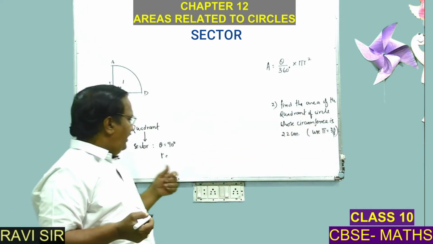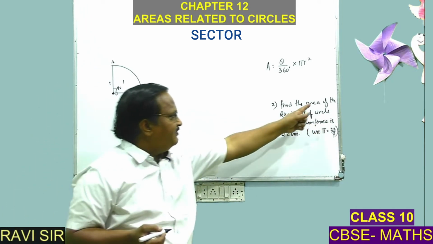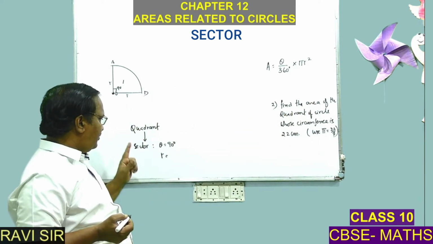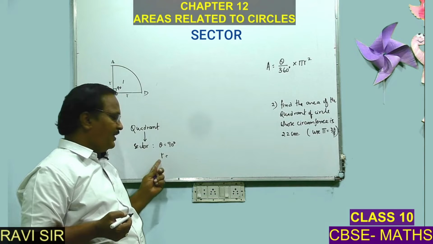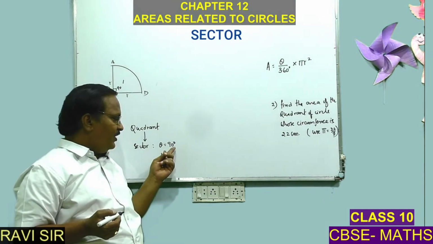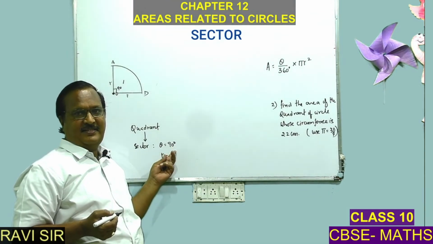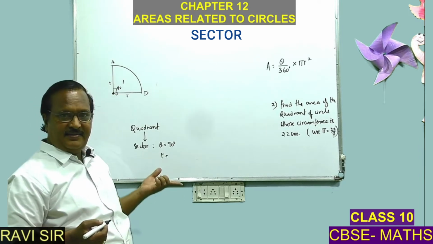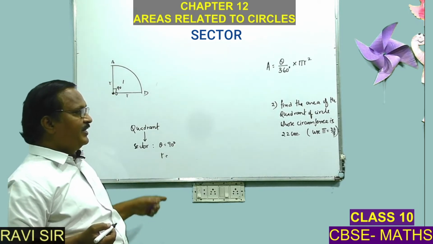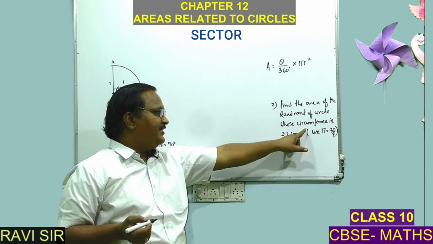So, ultimately to find the area of the quadrant, that means to find the area of the sector, we need 2 values, theta and radius. We got 90 degrees, theta, quadrant, it means we need radius. So, we have to find out the radius from the other given data.